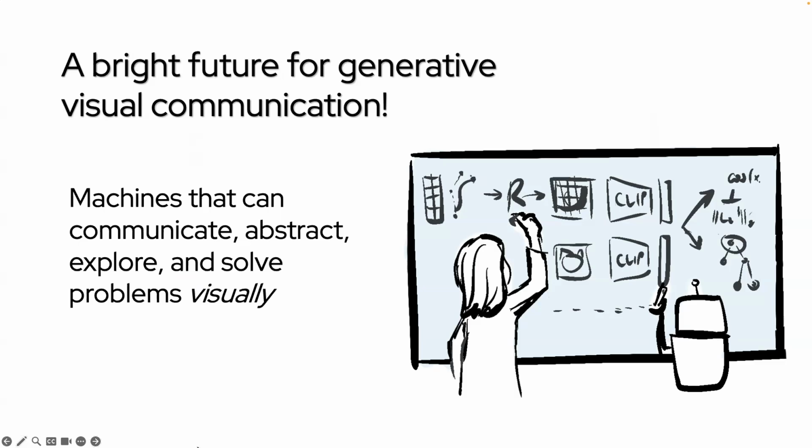Especially given the recent advancement in language models, where it seems that maybe they have reached some upper limit, I think it's interesting to start exploring what we can do with models that could use these abstract representations like us to solve problems and communicate. And I really believe that it can change diverse fields and diverse applications once we have models that can do such complex tasks, also in the visual world.